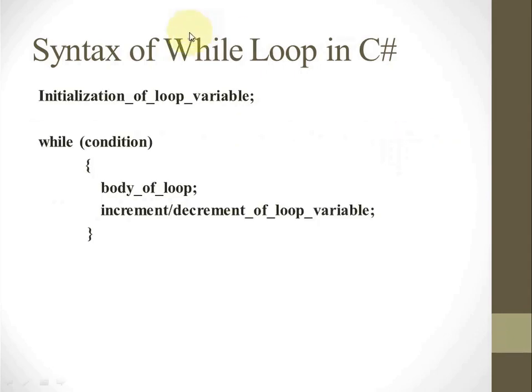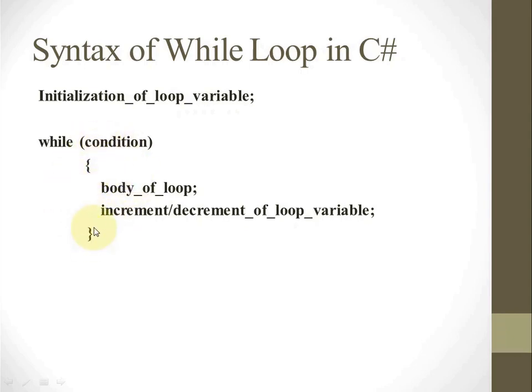Next we have the while loop. What is the syntax of the while loop? Again, this is a loop, so it will repeat some statement or block of statements. First we initialize the loop variable, then we have the keyword while, and we have the condition, the certain condition that decides how many times the block will be executed.